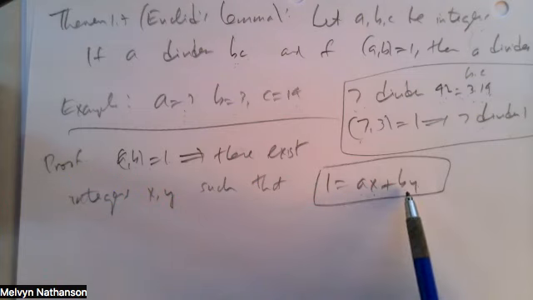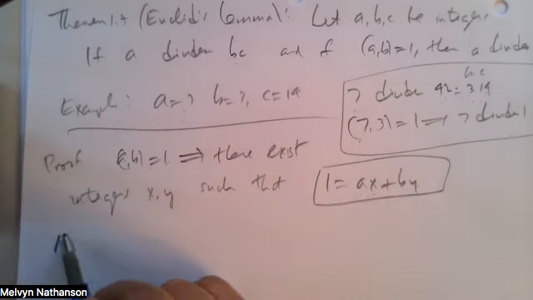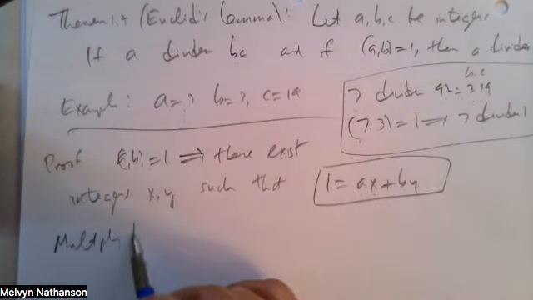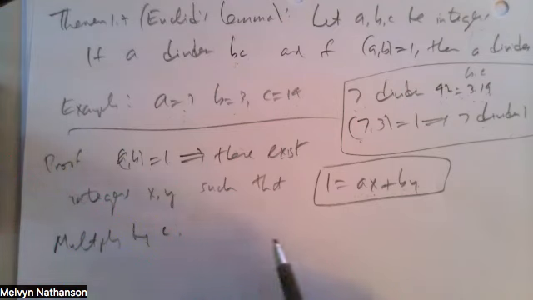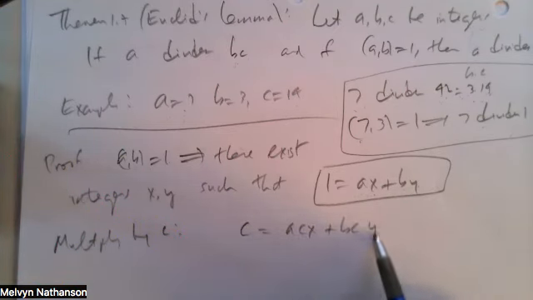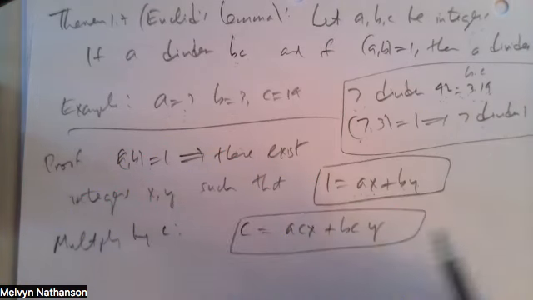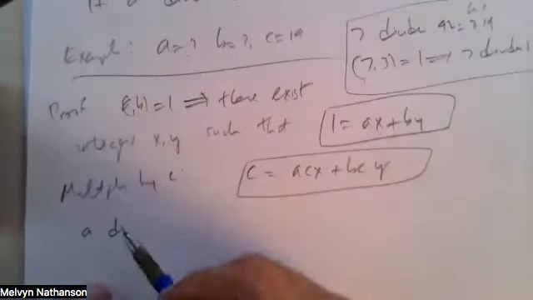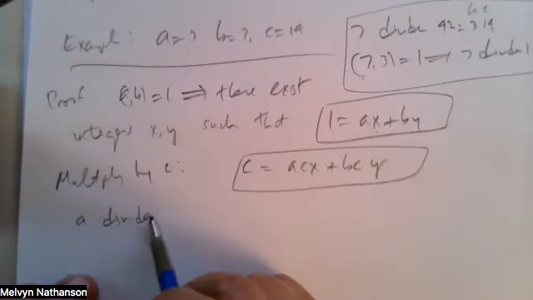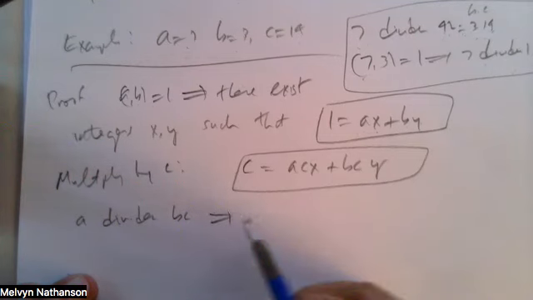Now, we're told that A divides BC. Let's multiply this equation by C. You get C is equal to ACx plus BCy. But we're also told that A divides BC.